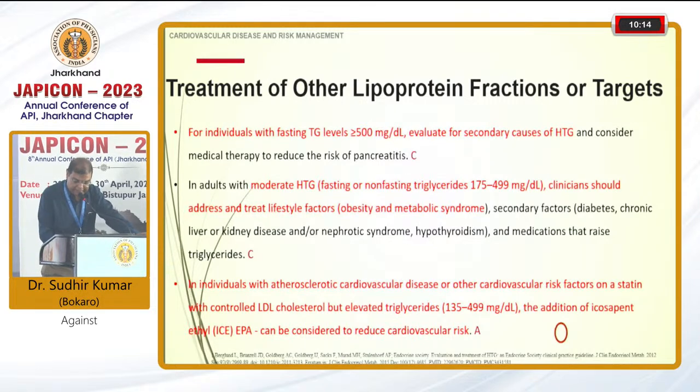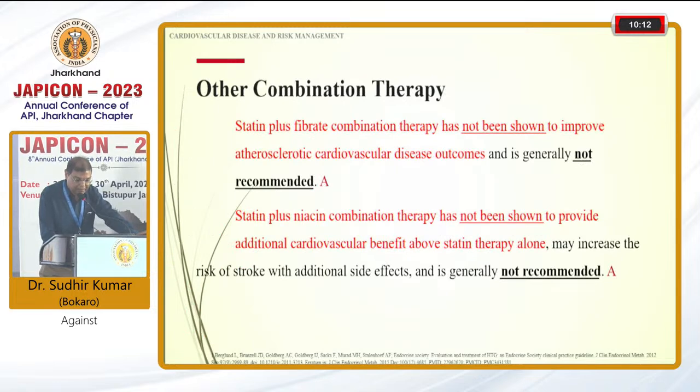It is level A. And in other combination therapies, statin plus fibrate combination therapy has not been shown to improve atherosclerotic CVD outcomes and is generally not recommended. Level A. Statin plus niacin combination therapy is also not recommended and not shown to provide additional cardiovascular benefit. So these are also level A, not recommended.